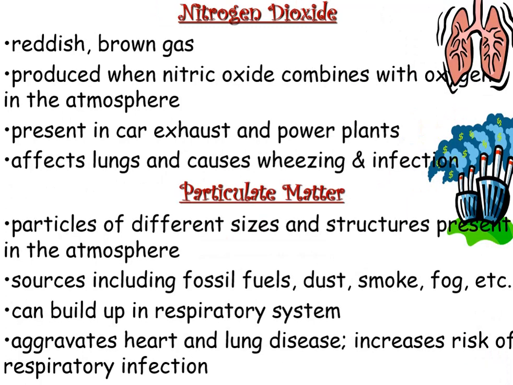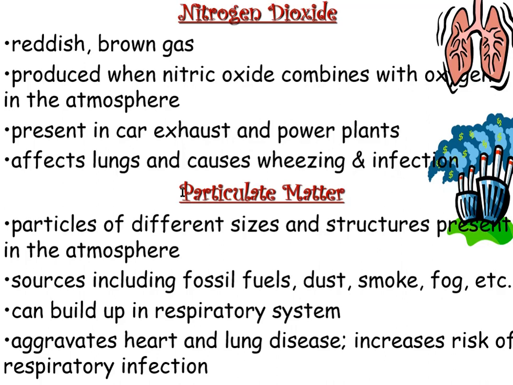Similarly, nitrogen dioxide has similar problems. It is a reddish brown gas, and it is produced when nitric oxide coming from the industry reacts with the oxygen in the atmosphere to form nitrogen dioxide. It is also produced by cars and other vehicles and machineries.